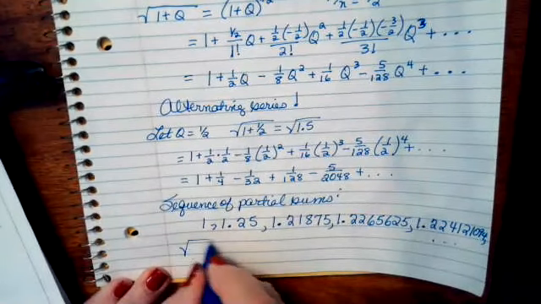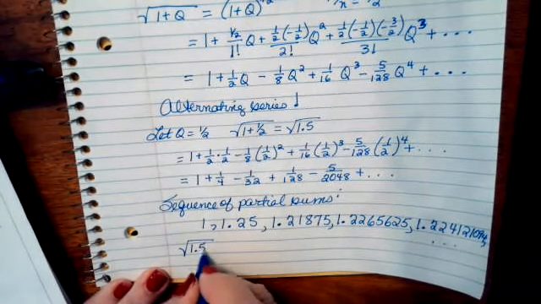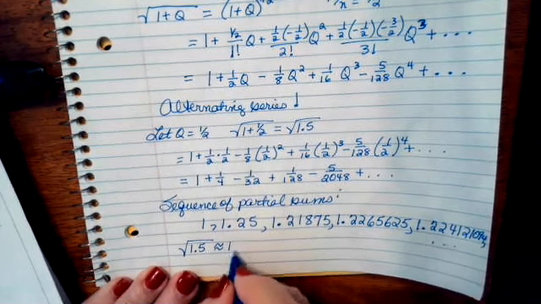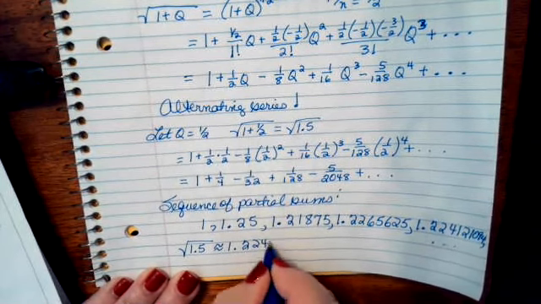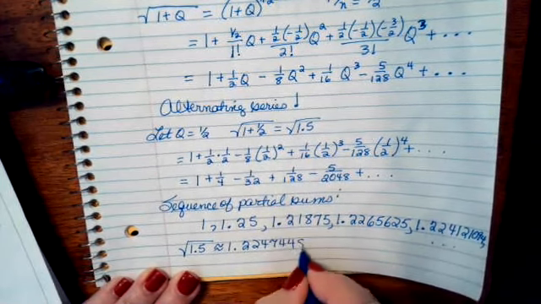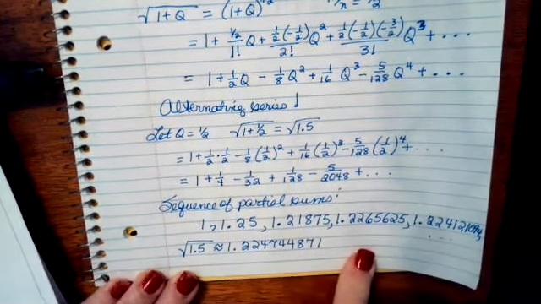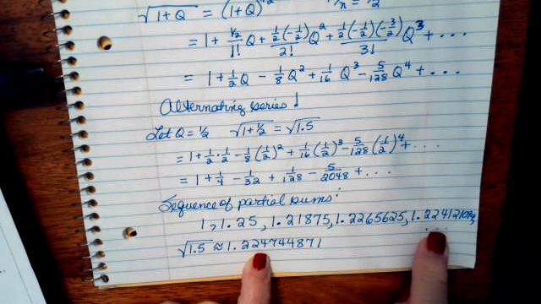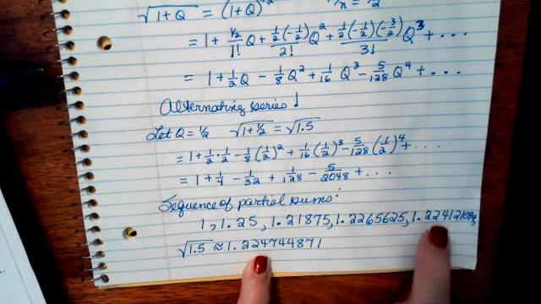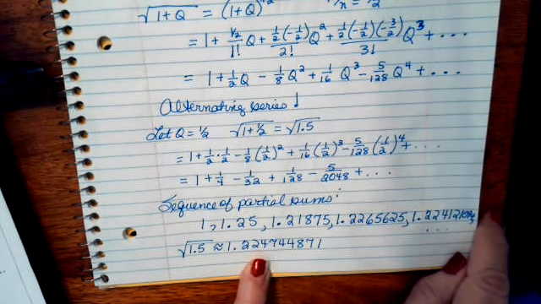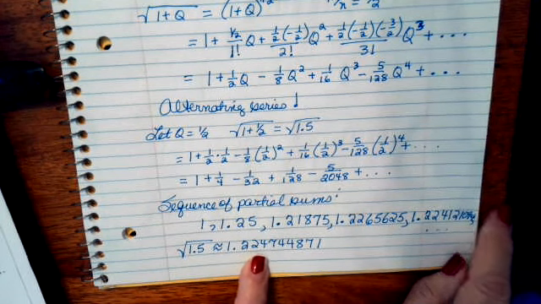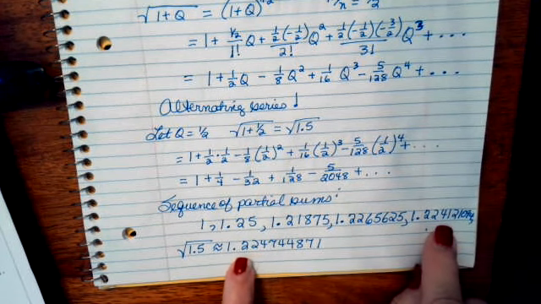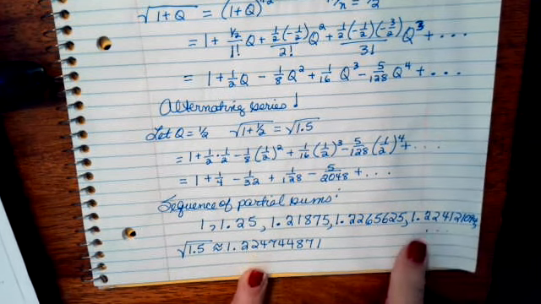And so if I compare that to what I get with my calculator, the square root of 1.5 is about 1.224744871. So using Newton's method, I've got it to the nearest. I'd have to go out one more place probably to know definitely that I would need to round up to 1.225. Okay.